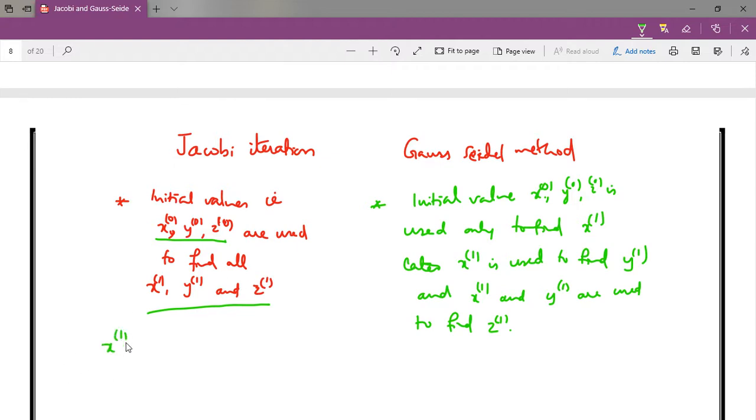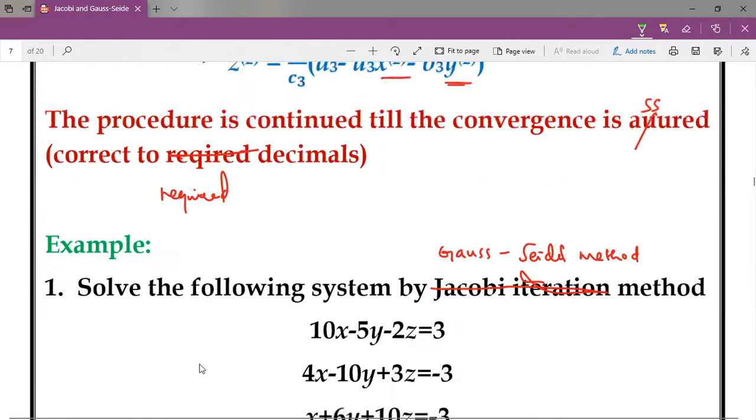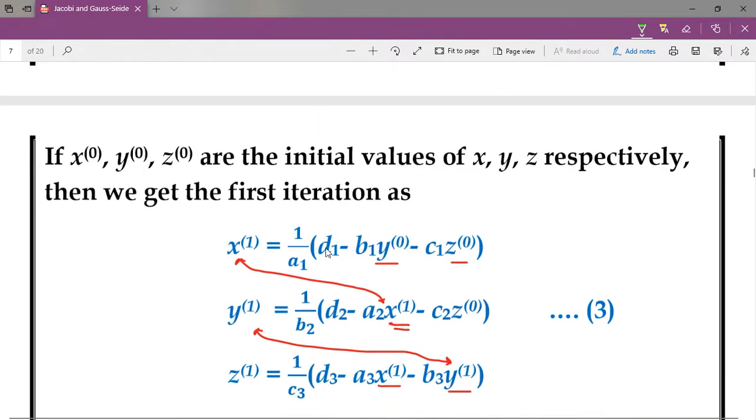So to find x1, it is going to be 1 by a1. Okay, yeah, 1 by a1.